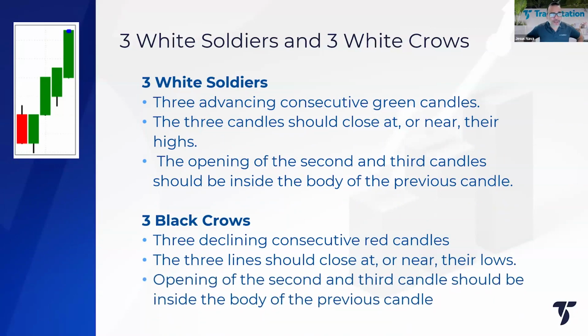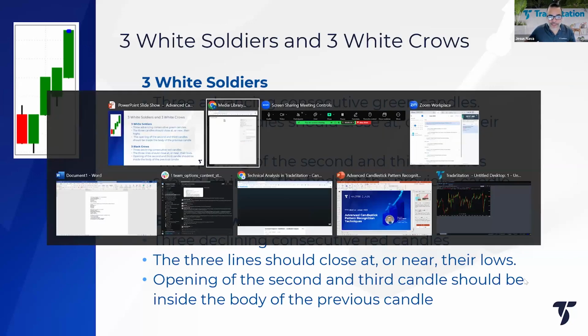Let me go to the platform and show you where they are first so that you can use it as a reference or as a guide, because the way that the patterns are listed in the PDF is the way that the studies show up in the list of analysis techniques. They are in alphabetical order, so sometimes they are going to be a little bit out of sequence, but it's just because we use an alphabetical order to list them. But let me go here to my TradeStation platform.